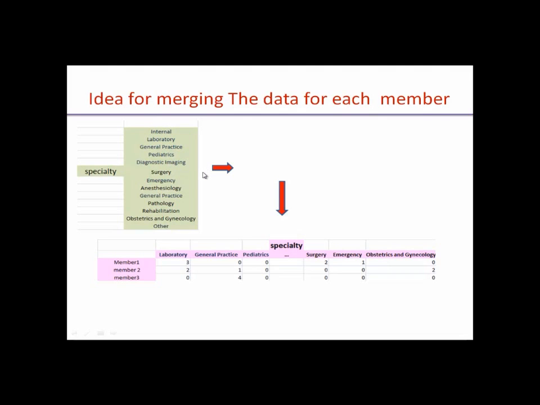An idea to deal with this varied information for just one member is shown in the following diagram. We need to put 12 groups of information horizontally corresponding to each member. It means we need to find out for each member how many times they have been referred to the laboratory, how many times to emergency, and so on.